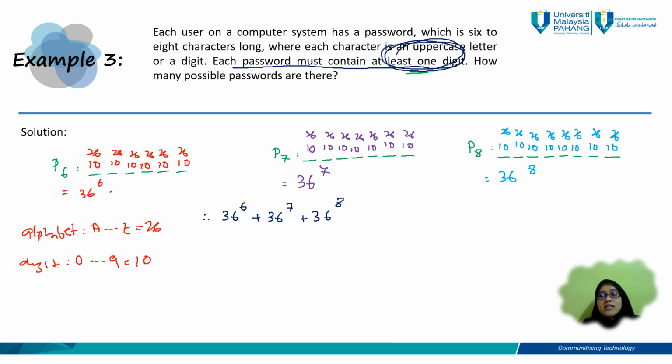That means we need to subtract the possibilities that have passwords containing characters only. That means we need to minus 26 to the power of 6 plus 26 to the power of 7 plus 26 to the power of 8.